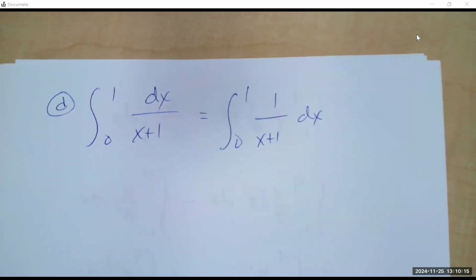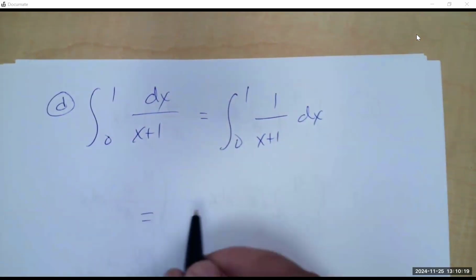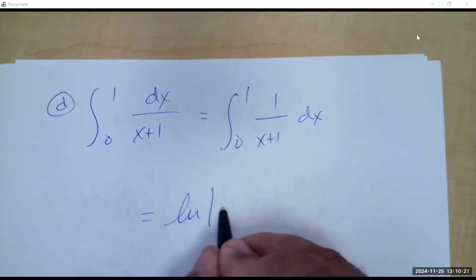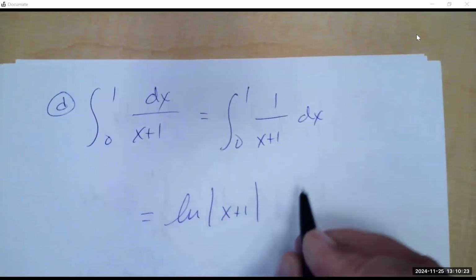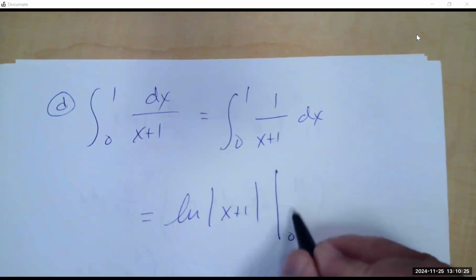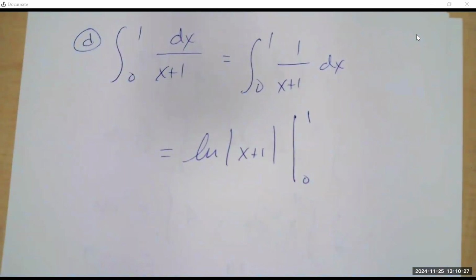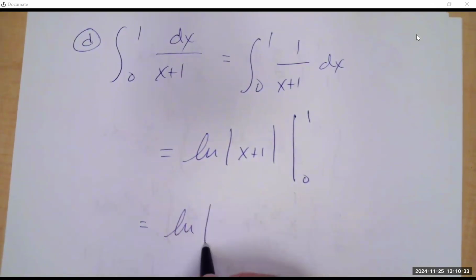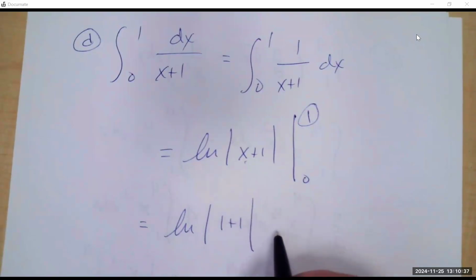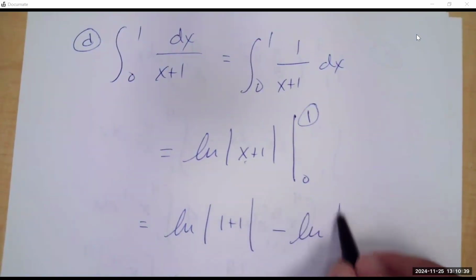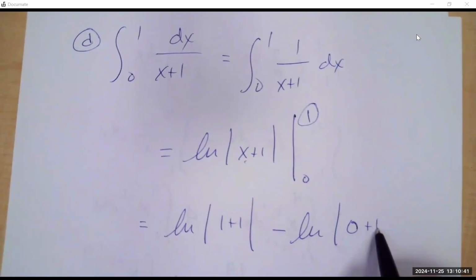What's the integral of 1 over x? Ln x from 0 to 1. When x is 1, we have 1 plus 1, minus when x is 0, 0 plus 1.